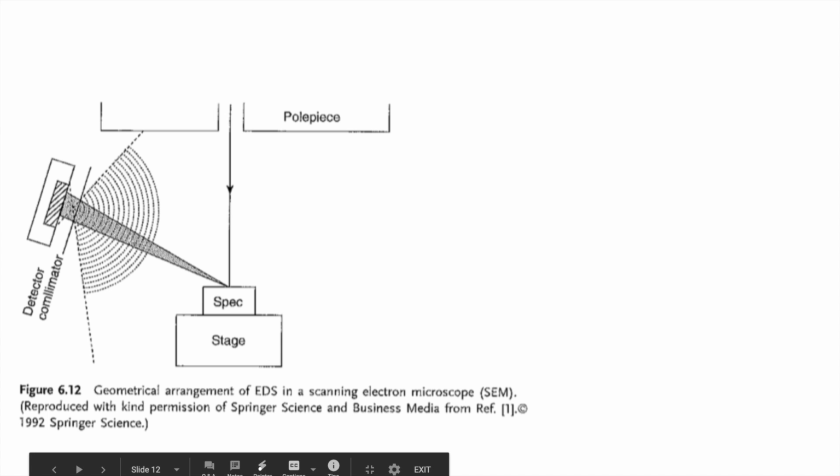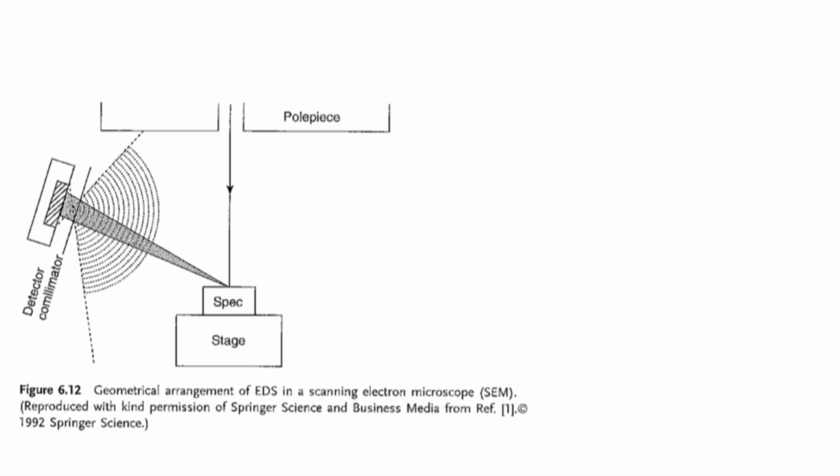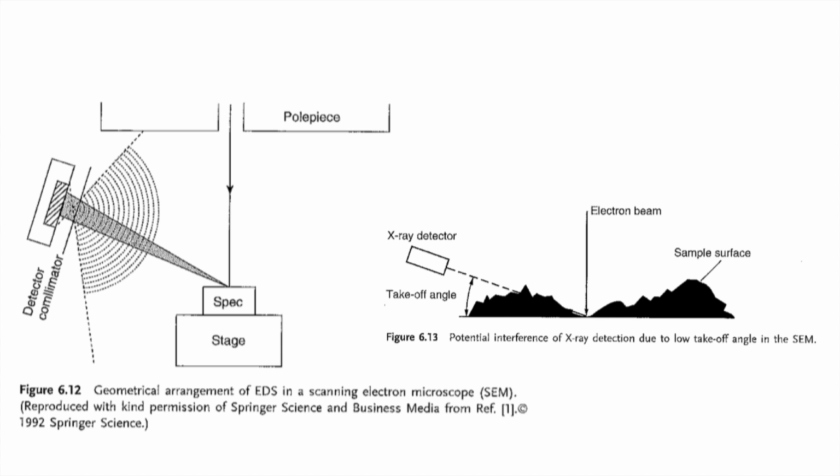Now let's talk about the result this low takeoff angle can have. This next figure in the book illustrates what can happen. Let's take a much finer look at a sample surface. A sample surface may be rough like this.